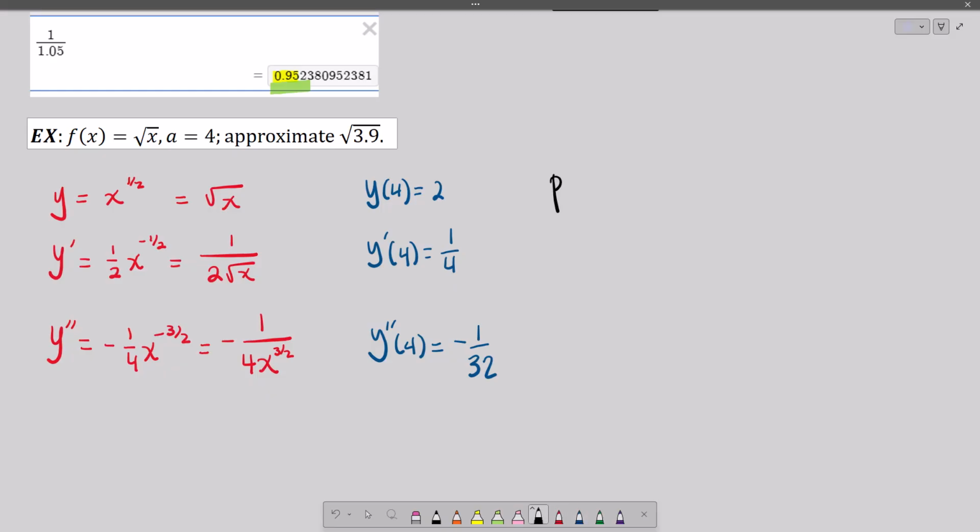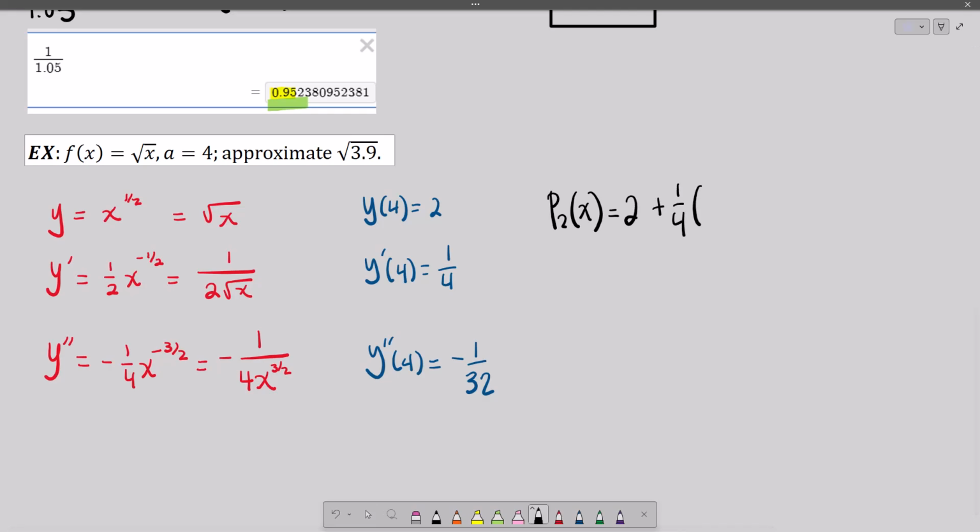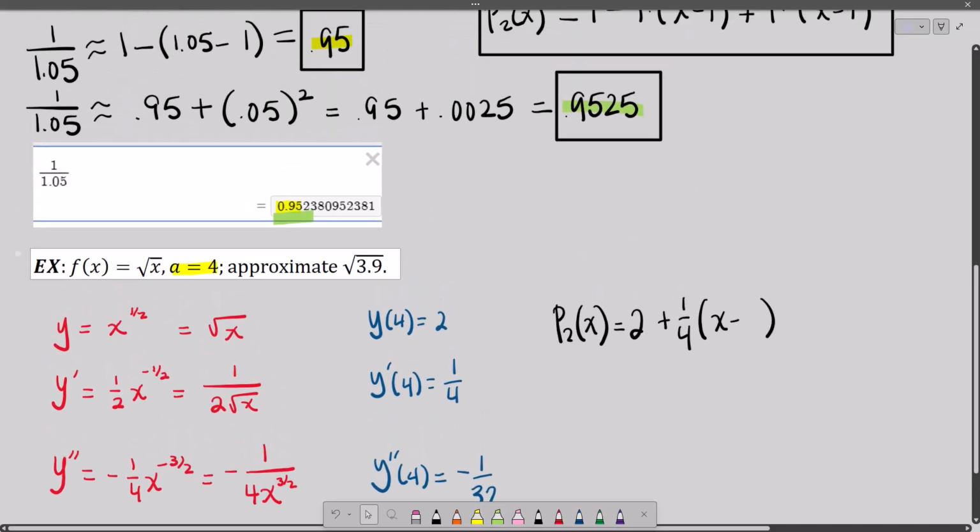So I'm going to write out p sub 2 this time, and then we'll just identify p sub 1 as part of p sub 2. So p sub 2, we start with the constant. Now we add this constant, but we have to multiply by x minus what? X minus whatever the center is.